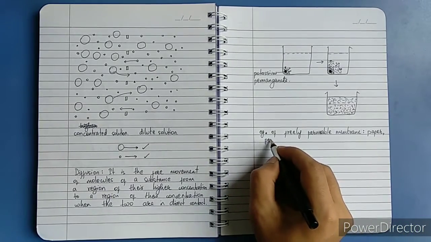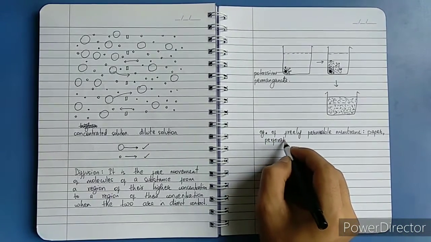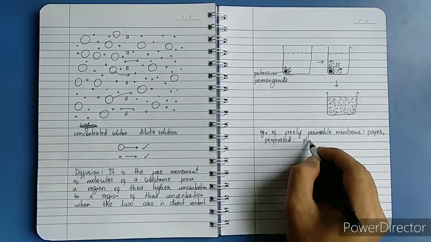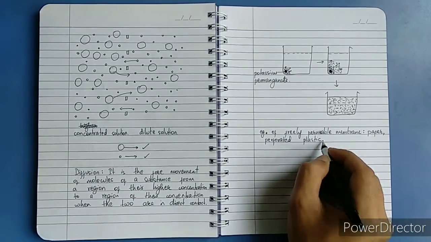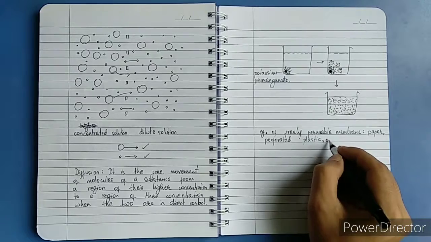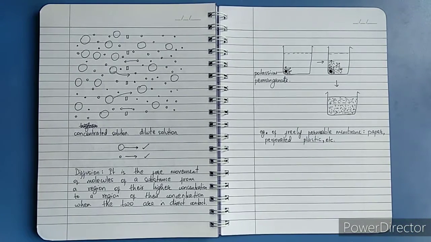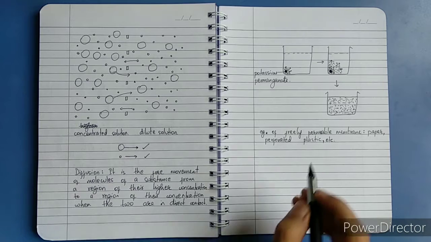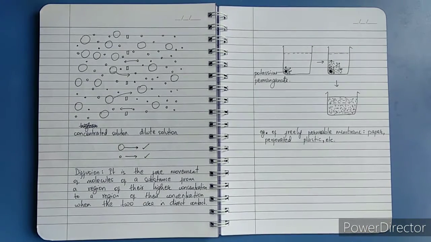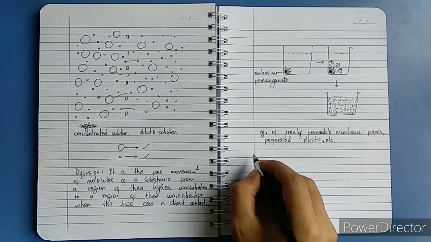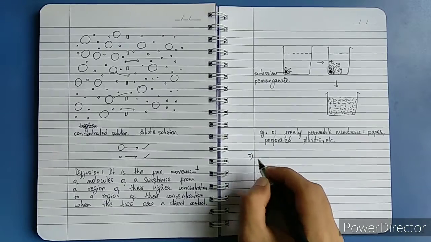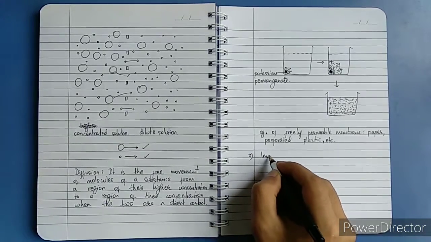You can also take perforated plastic. Perforated basically means containing holes. So if the plastic contains holes, the whole solution will pass through the plastic. So these are some examples of freely permeable membrane. Next, the second type of membrane we are going to talk about is the impermeable membrane.